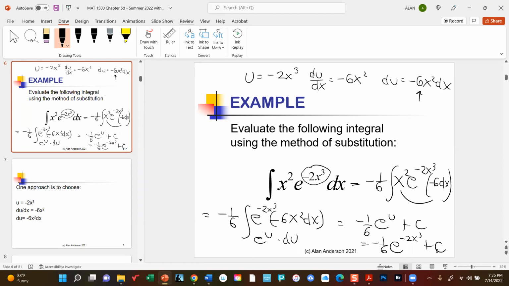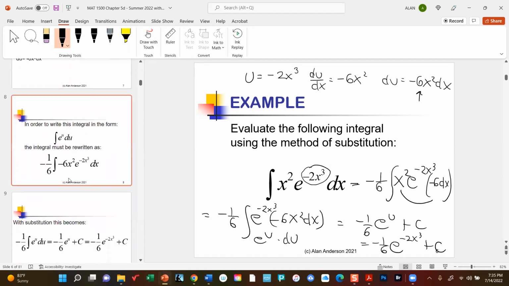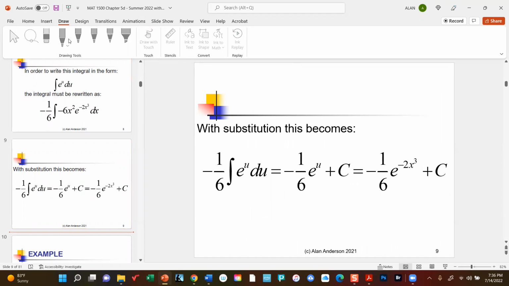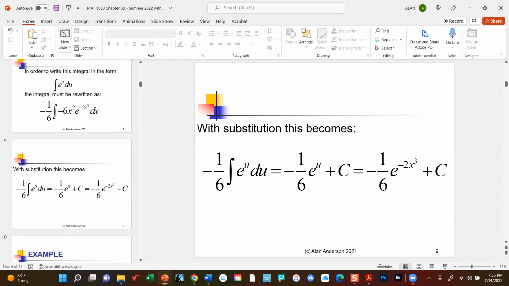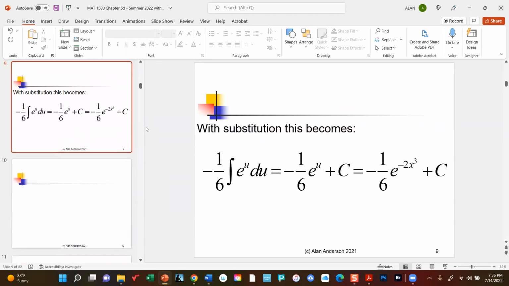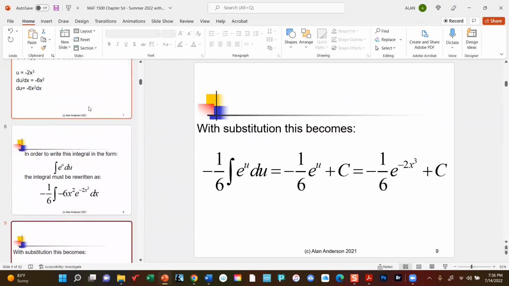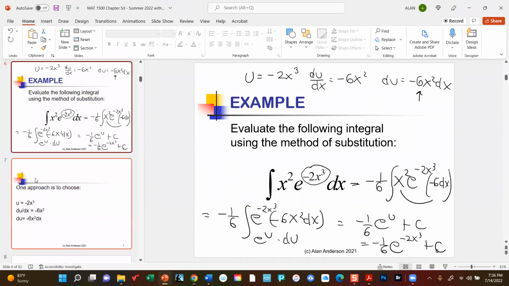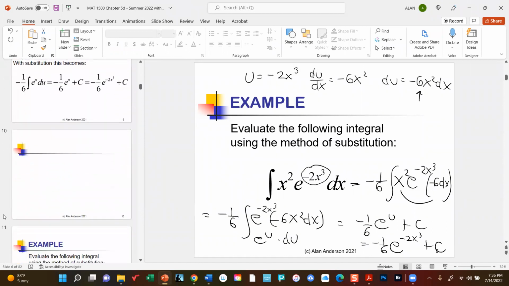Okay, so I'll tell you what, this time let's prove it. We got our result and we want to prove that we did it correctly. We can go to Symbolab too, but let's just go through the trouble of proving it. So we're claiming that this is the correct result, minus 1/6 e to the minus 2x cubed.